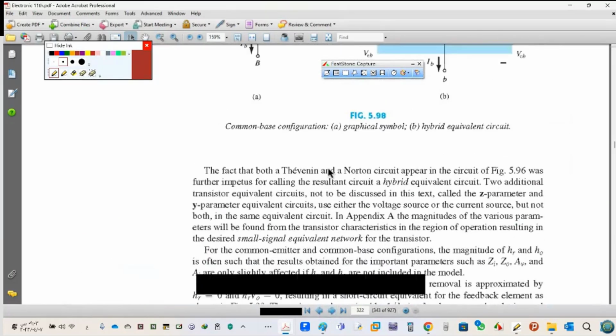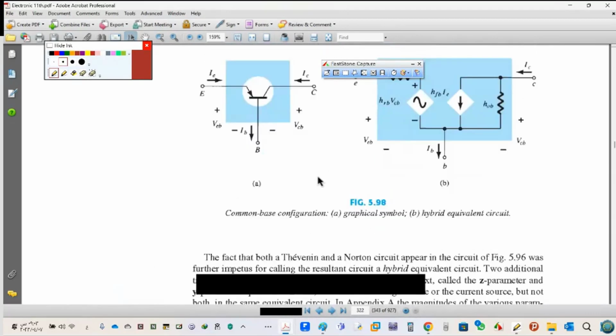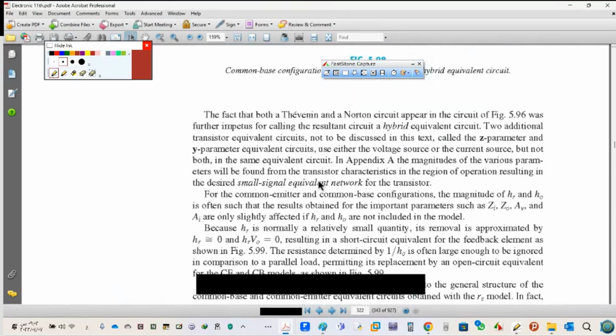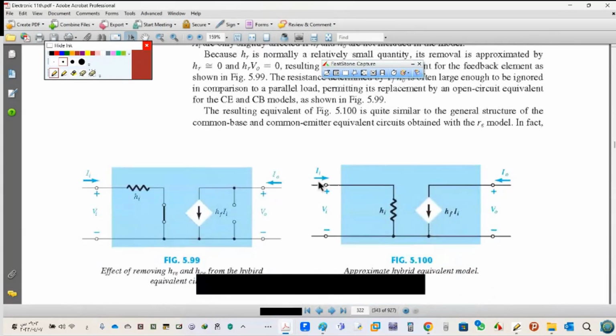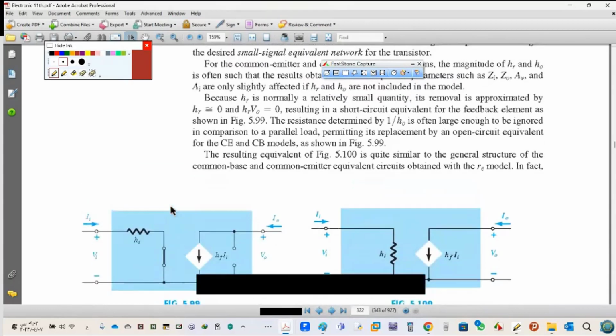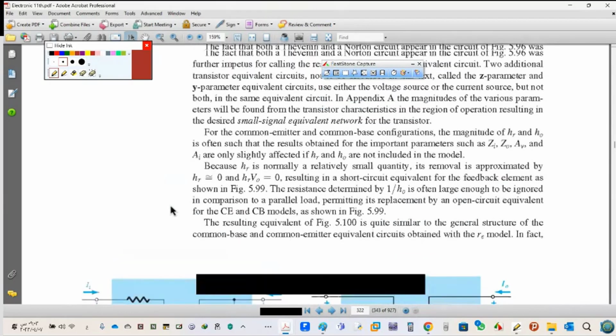Now, how can we apply this in our study? Actually, if you want to save your time, HRE usually is very small. The effect is very small.